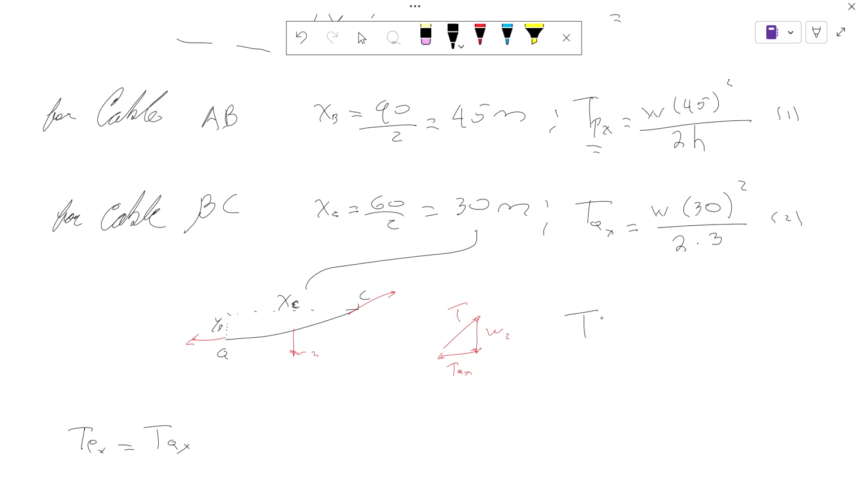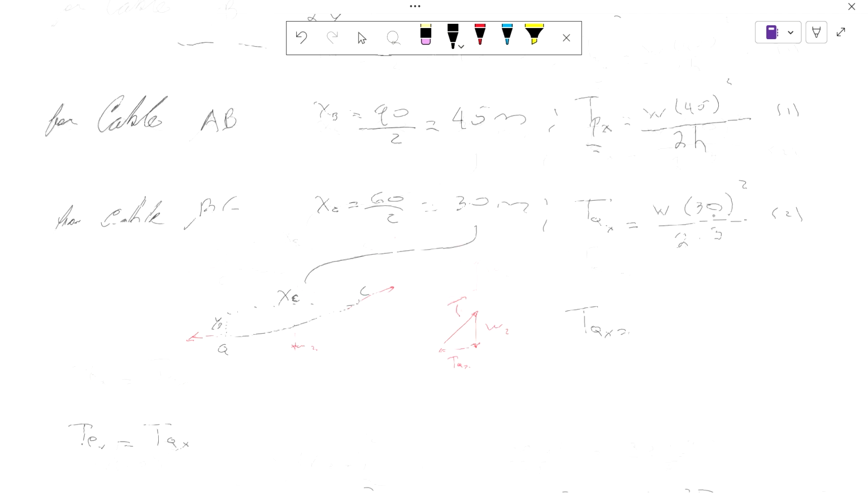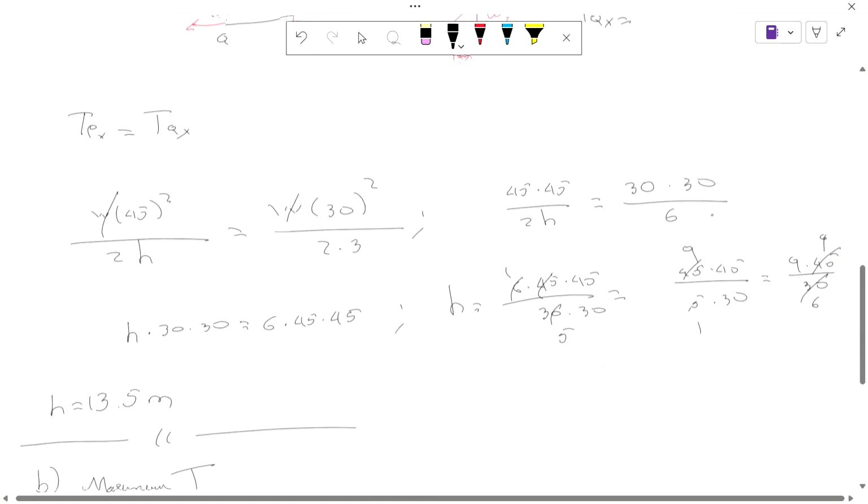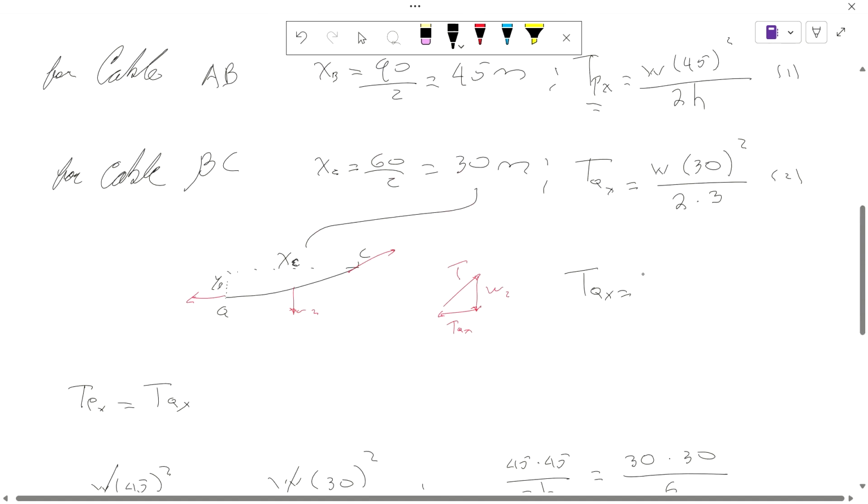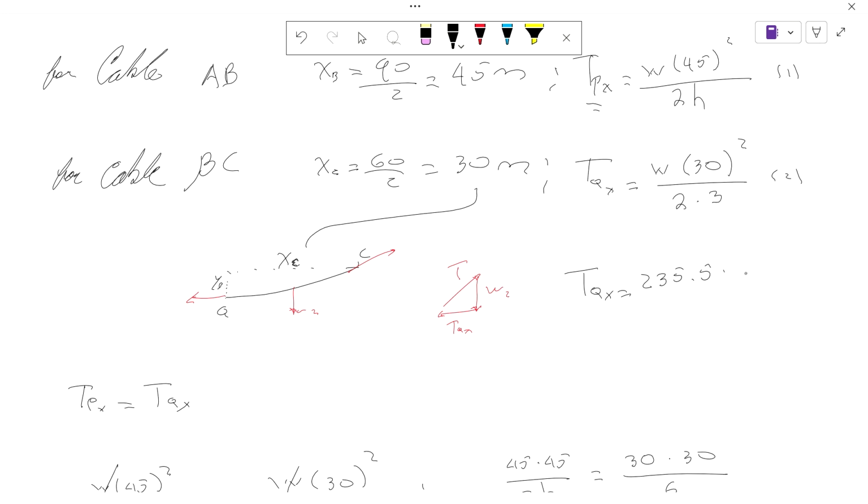So for tension at Qx, we have the one for point P, which is 235.5, let's say, 235.5 times 30 squared divided by 6.